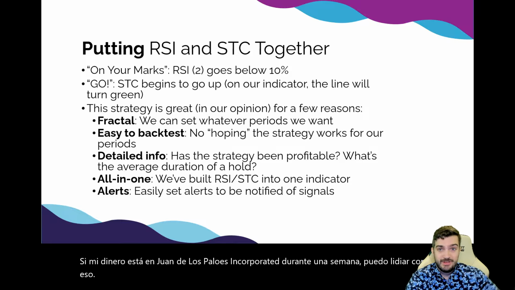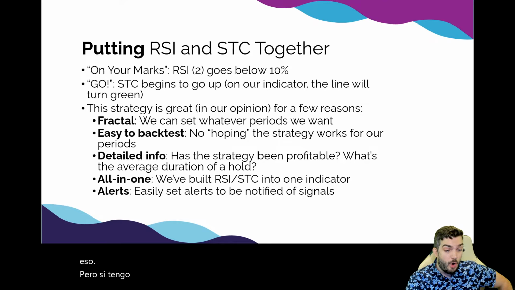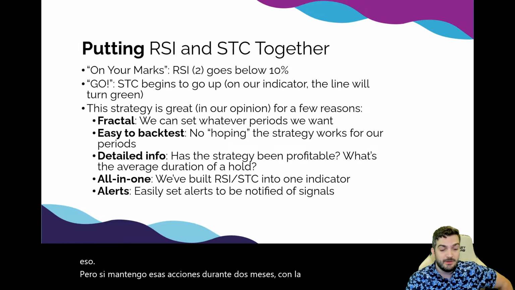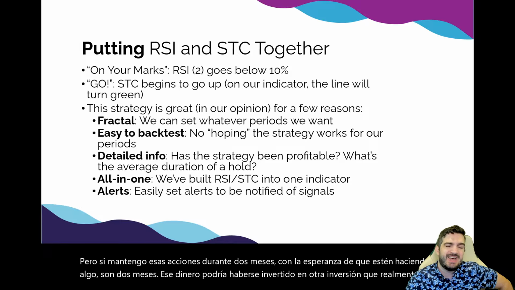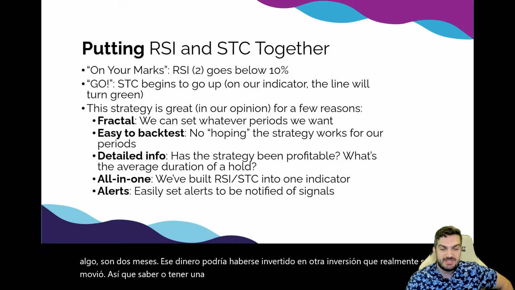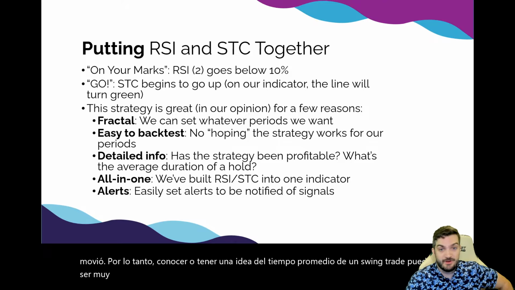But if I'm holding that stock for 2 months, hoping that it's doing something, that's 2 months that money could have been put in another investment that actually did move. So knowing or having an idea of the average time of a swing trade can be very helpful in letting us know, does this strategy meet our time horizon or not?